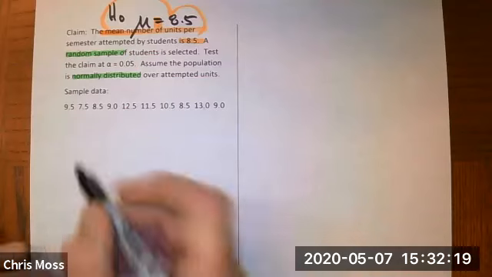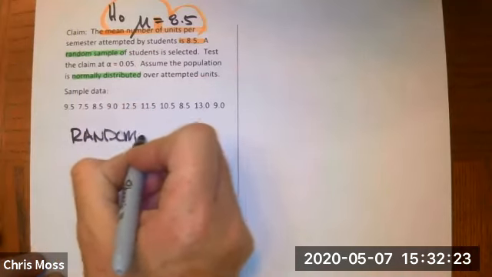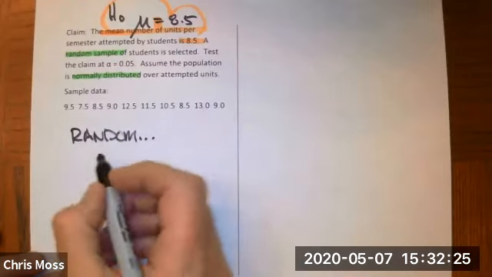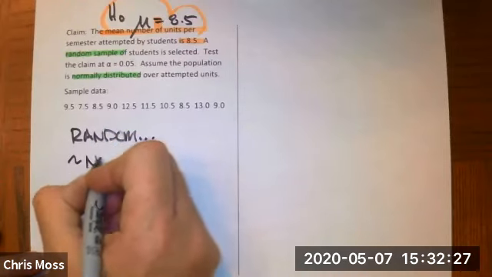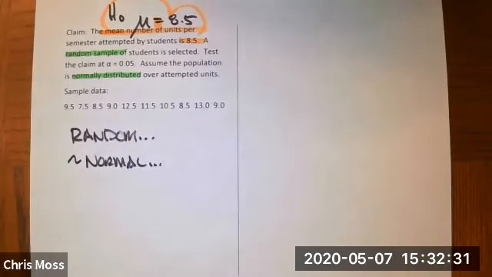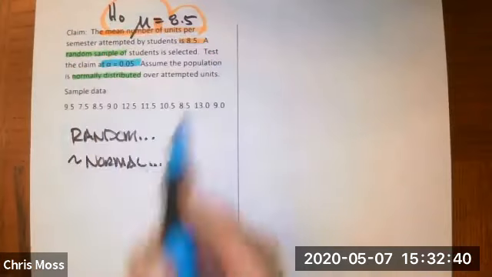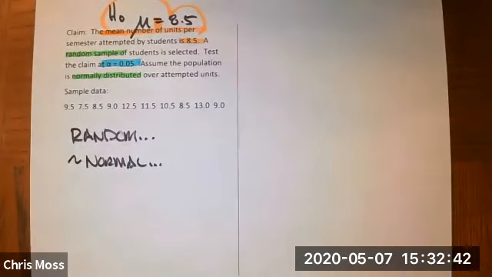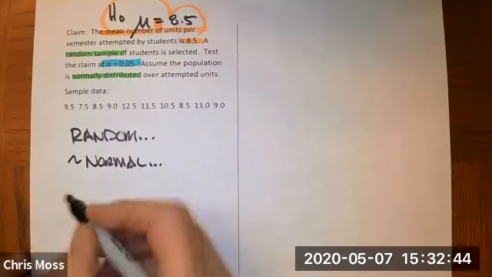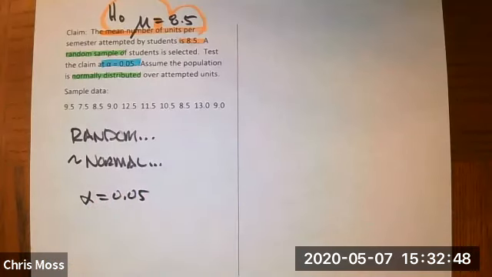So we have a random sample, and we have a population that is approximately normal over the variable in question. The only other thing I might need is my alpha. That's the 0.05. When I get a p-value I'll compare it to that value there. So my level of significance, 0.05.